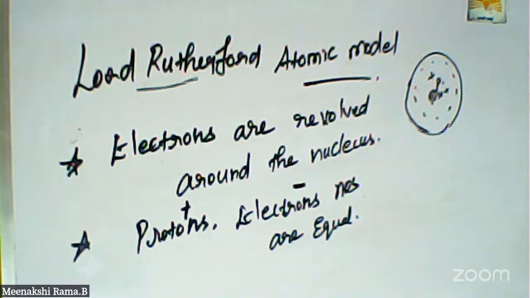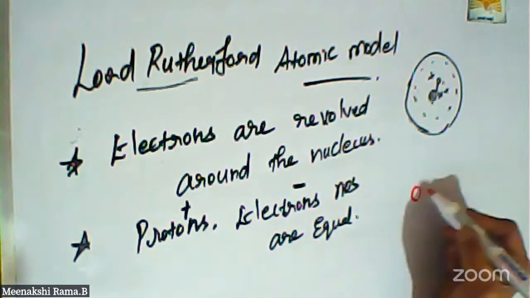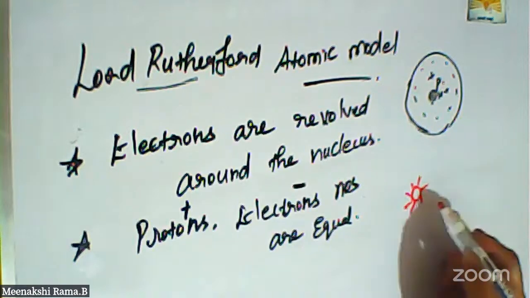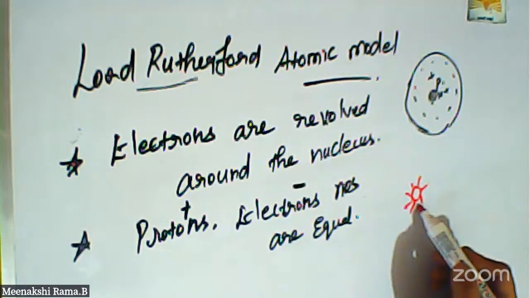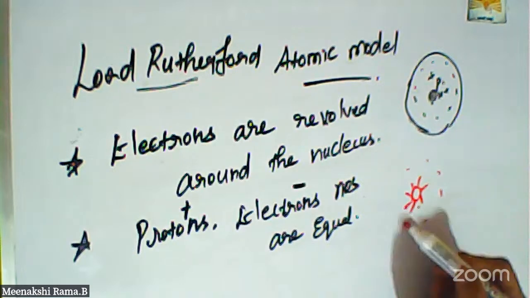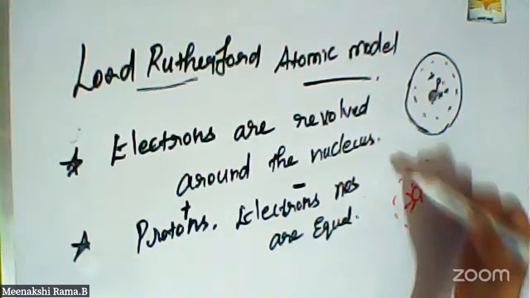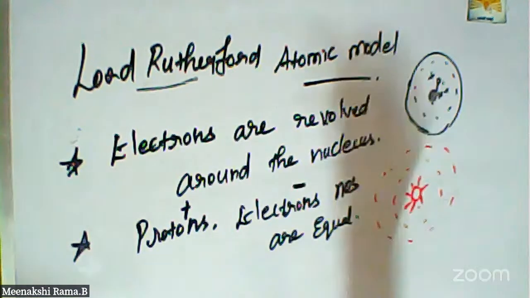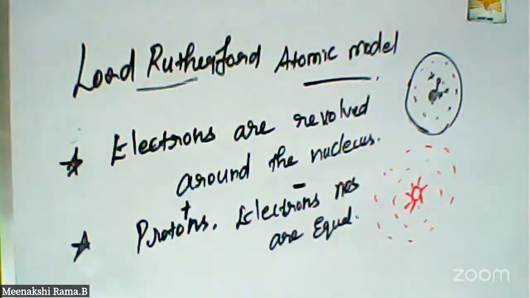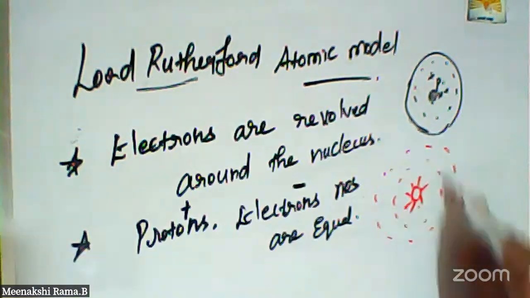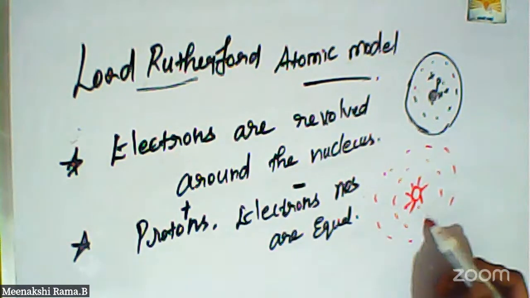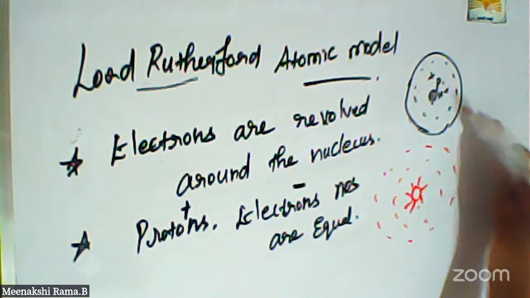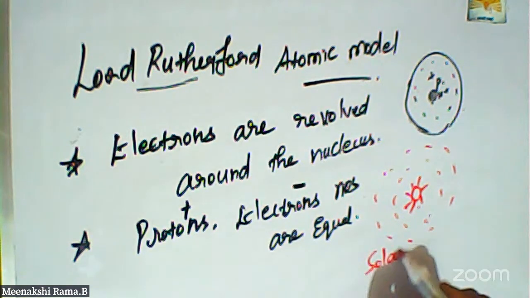The Rutherford atomic structure is similar to the solar system. In the solar system, the sun is the center part. Just imagine, the sun is a nucleus, and all the planets are revolving around the sun. So the Rutherford atomic model is similar to the solar system model.